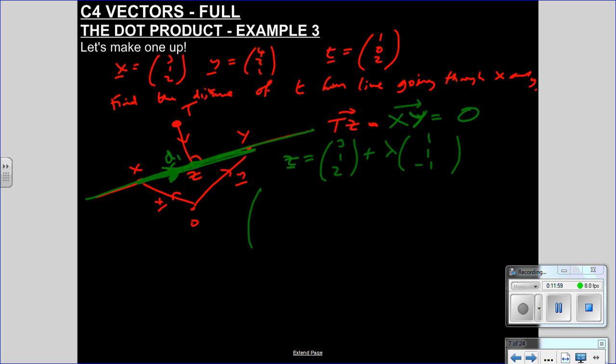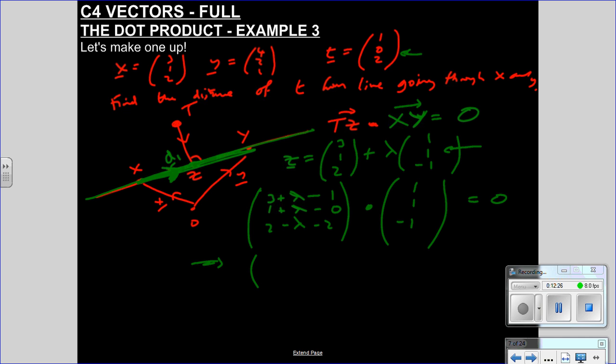So t to z is 3 plus lambda, 1 plus lambda, 2 minus lambda. There's your z. Take away the t, so minus 1 from here, minus 0 and minus 2. And this is all dot xy, and xy, as we said, is that direction vector, equals 0.